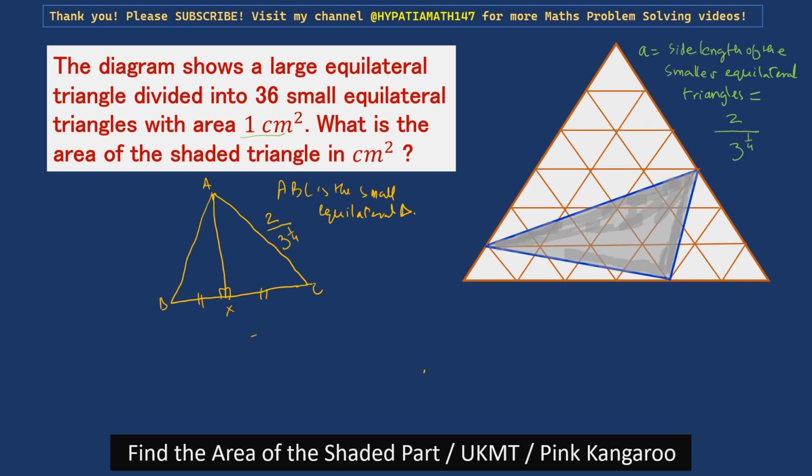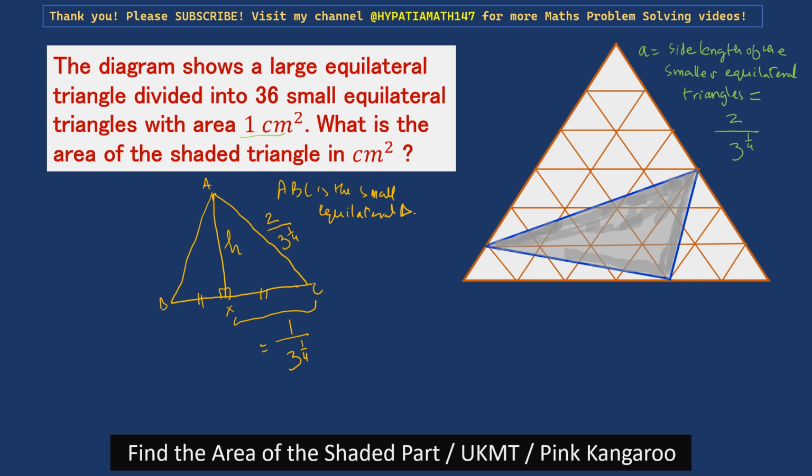Then you would have XC, so I can write XC as 2 out of 3 to the power 1 out of 4 divided by 2, and that would mean it is multiplied by half, and that would mean it is equal to 1 out of 3 to the power 1 out of 4. So that is XC, and AC is the hypotenuse, so AX is the height.